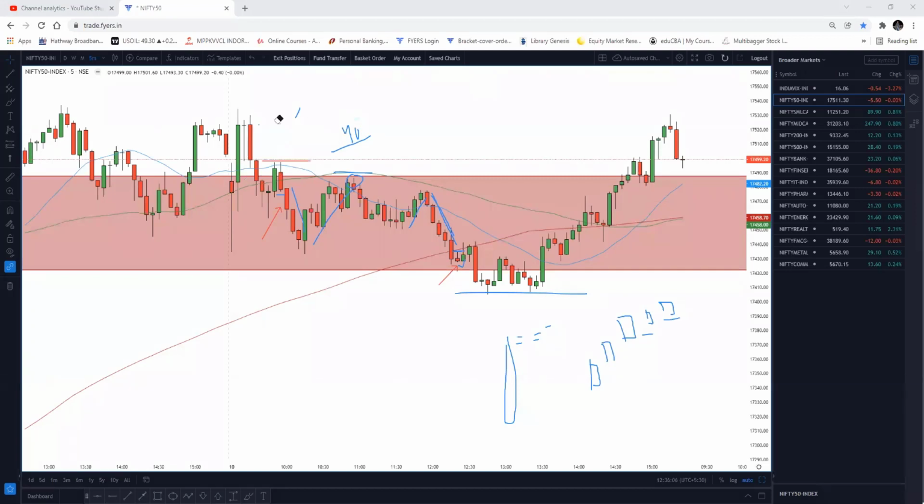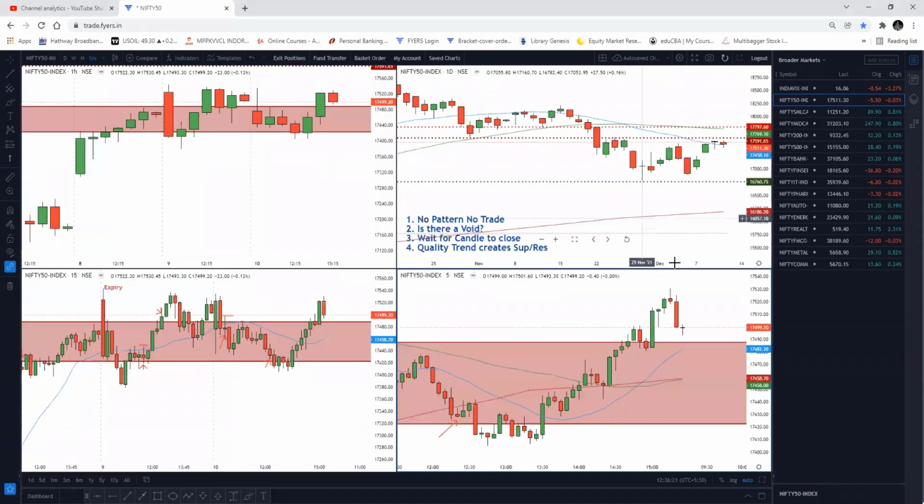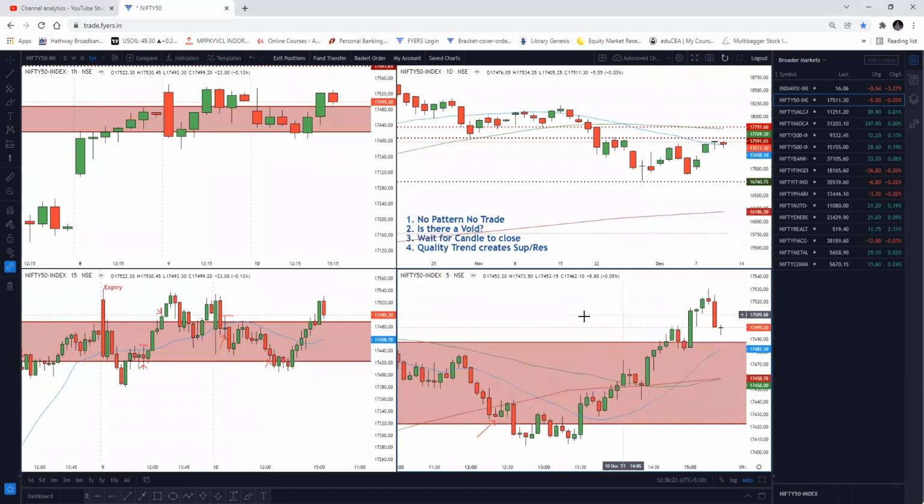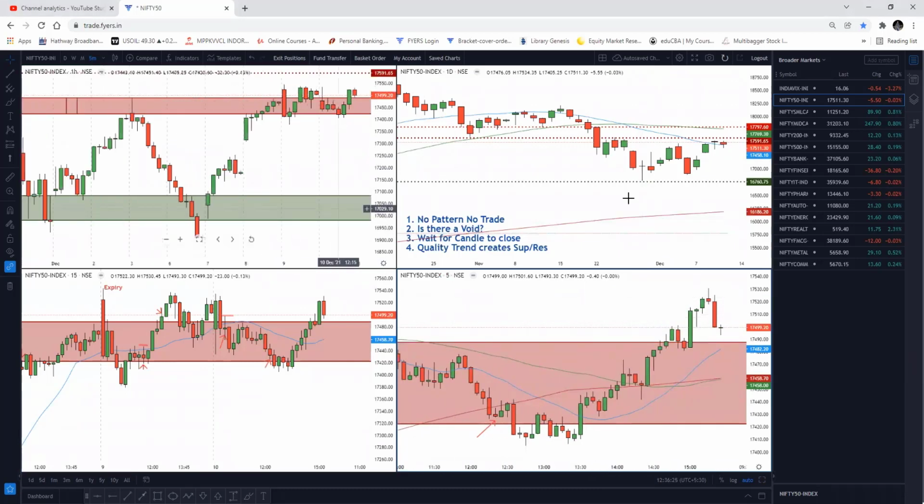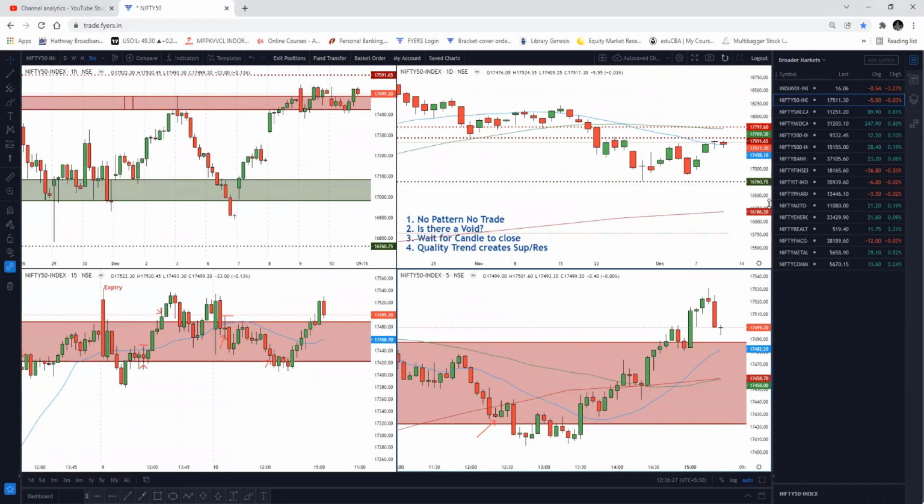The purpose of sharing this trade review is to give you an idea that while trading intraday, there are a few pointers that you should keep in mind. So first of all, always build the scenario from the higher time frame.